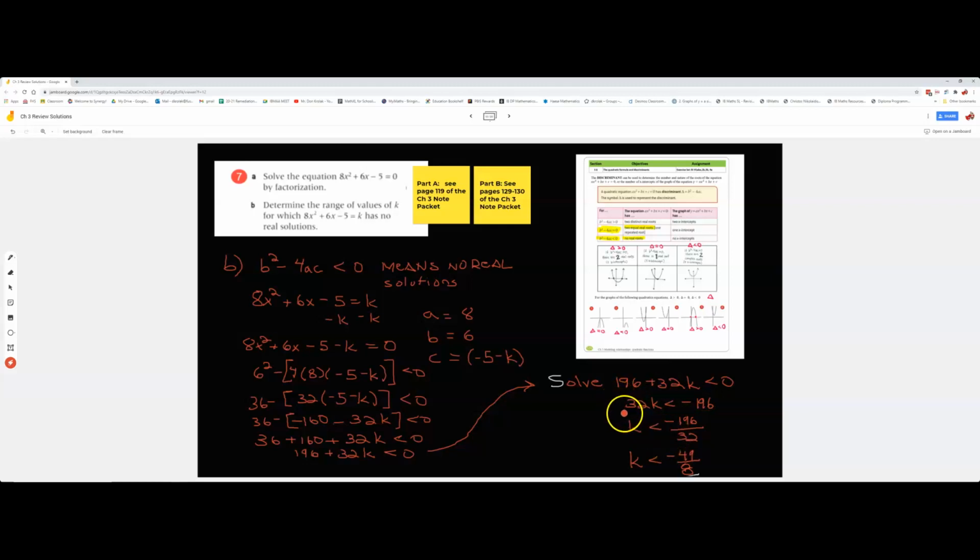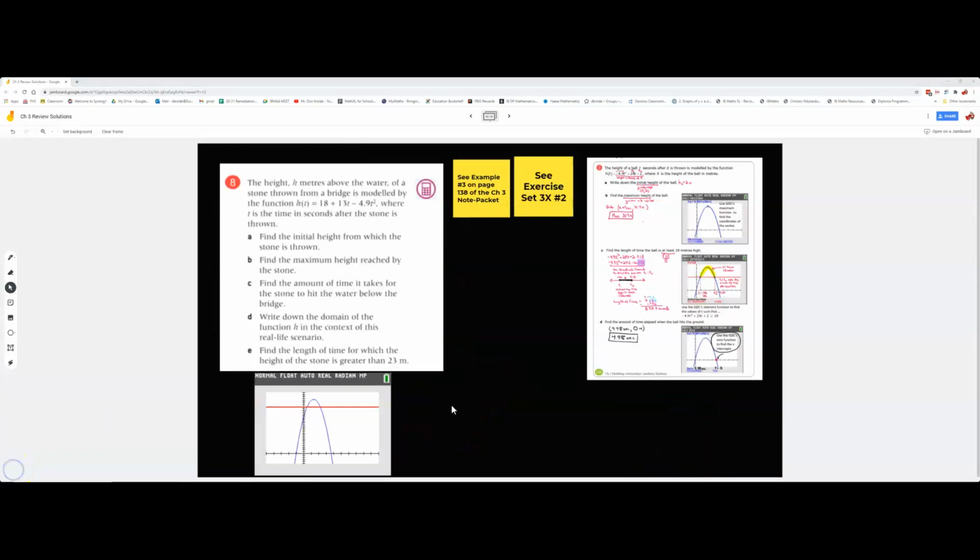Then I divide both sides by 32, and I get K is less than negative 196 over 32, and then each one of those is divisible by 4, and I get it reduced to negative 49 over 8. And that is number 7.